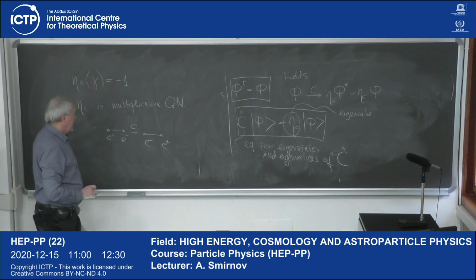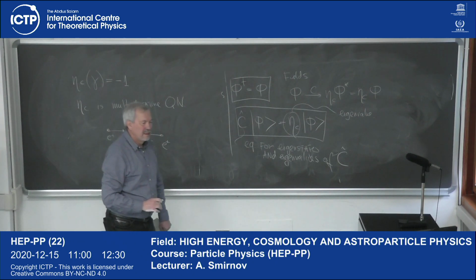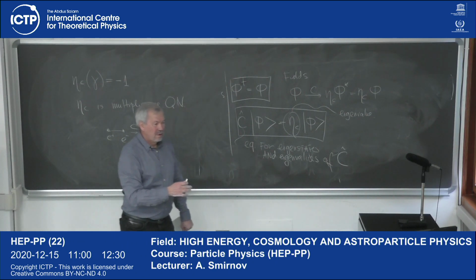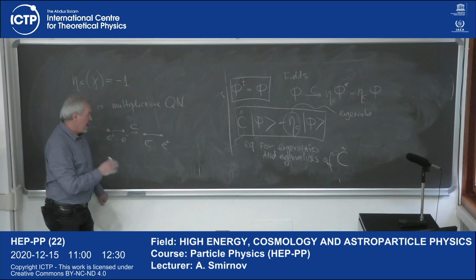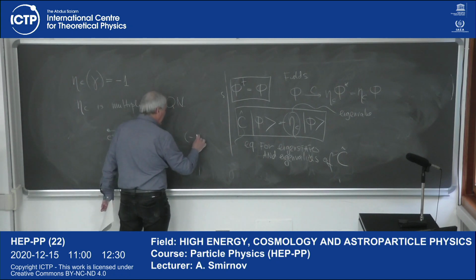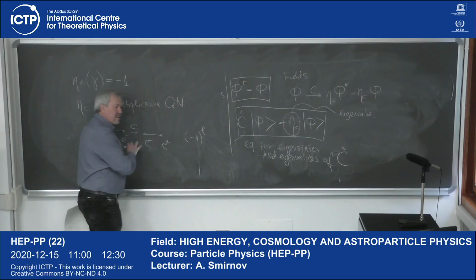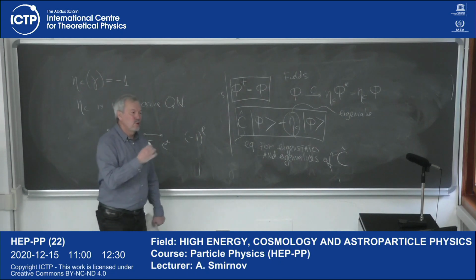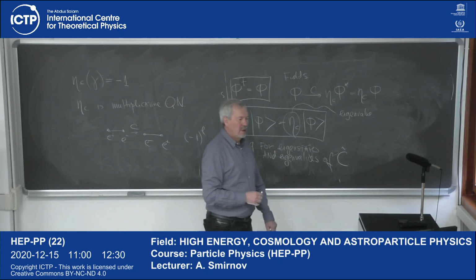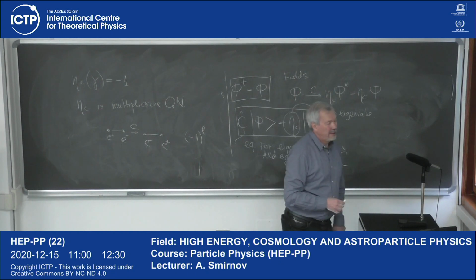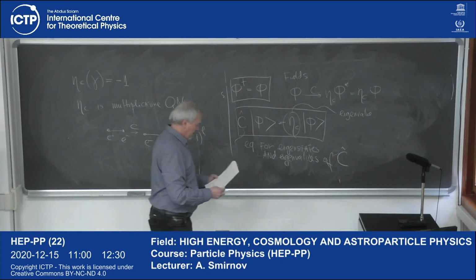They change places. And therefore, the corresponding wave function may change sign according to the angular momentum of this system. So that also should be taken into account if you compute the total C parity of the system of particles.